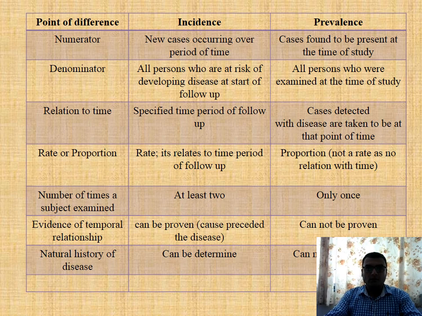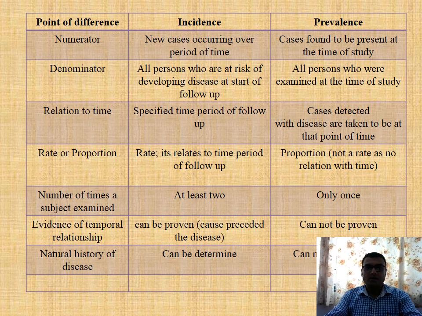In the denominator, for incidence, only the people who are at risk of developing the disease are taken, and in prevalence, all persons, irrespective of whether risk is present or not, are taken in the denominator.